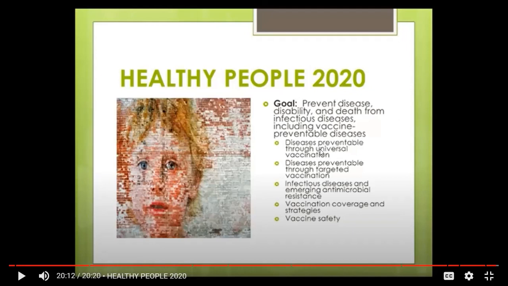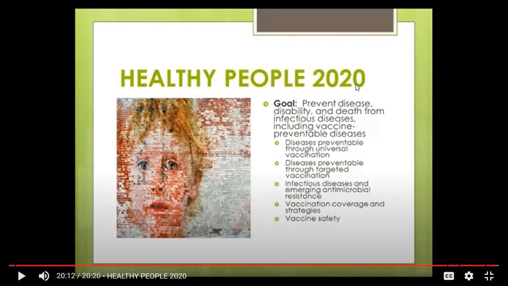Disease prevention through universal vaccination, or through targeted vaccination for infectious diseases, and also emerging antimicrobial resistance. Vaccine coverage and strategies, also vaccine safety. So this is the goal in Healthy People 2020.